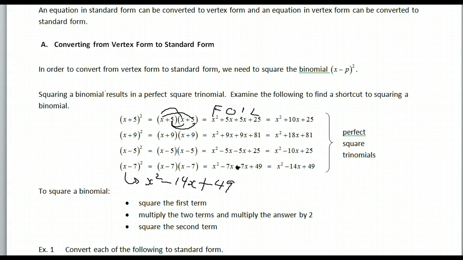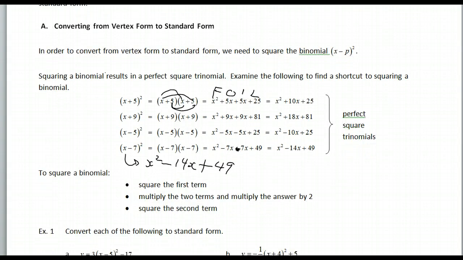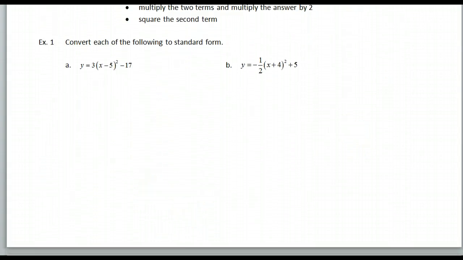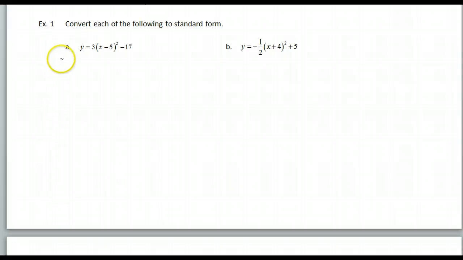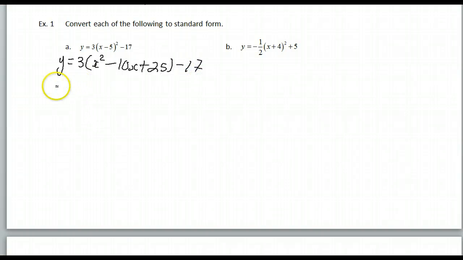Okay, so let's move down and we'll do example number 1, convert each of the following to standard form. So in order to do this, we leave the 3. We're going to square the binomial. X squared, x times 5 is minus 5x doubled, minus 10x, plus the last term squared is 25, and we have the minus 17.